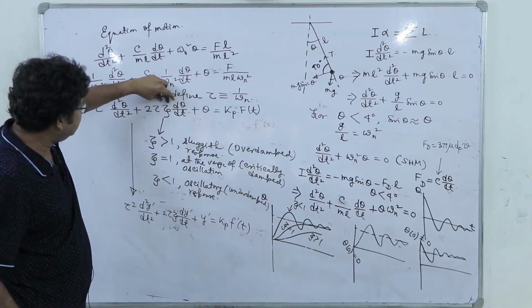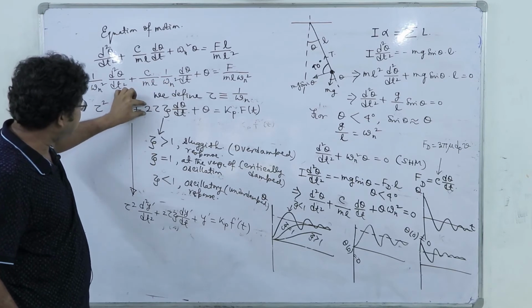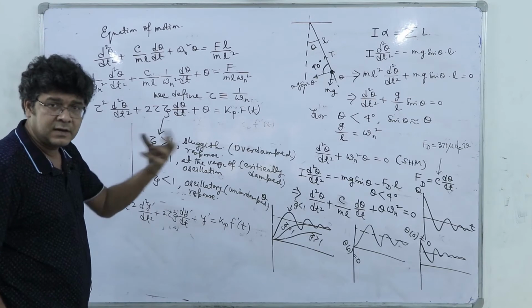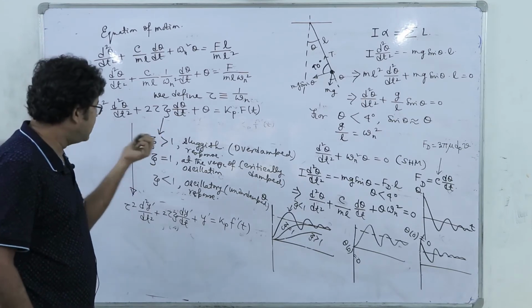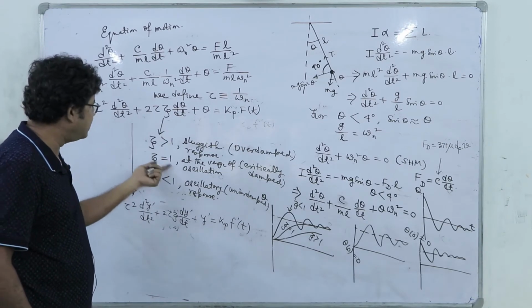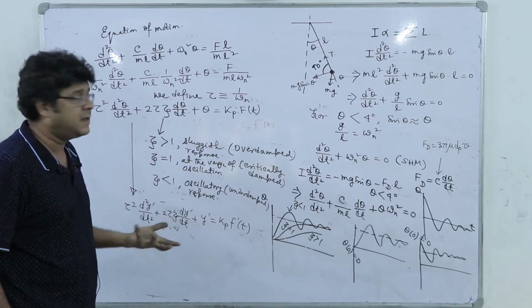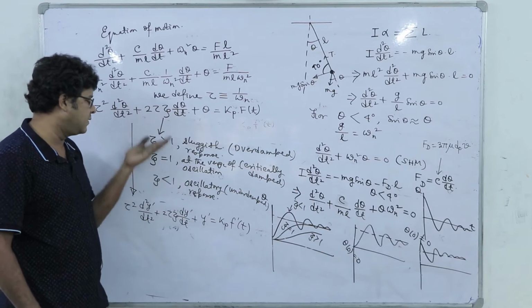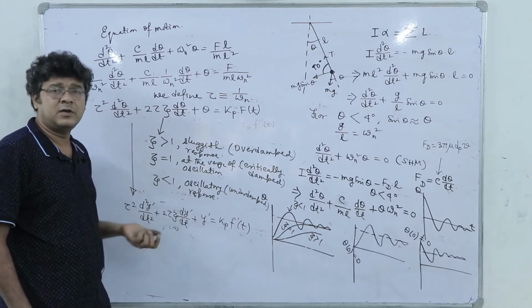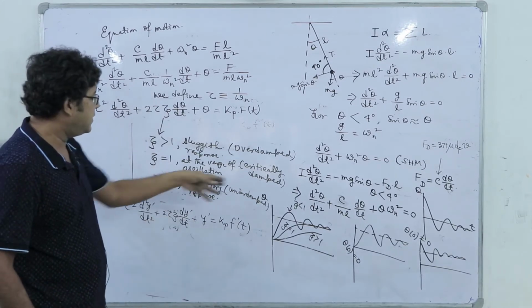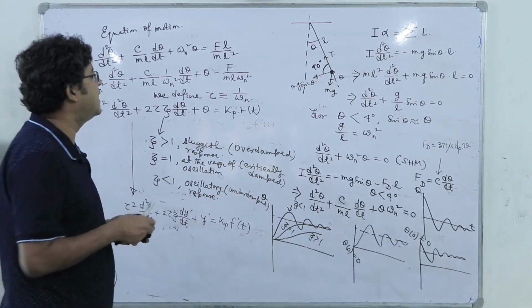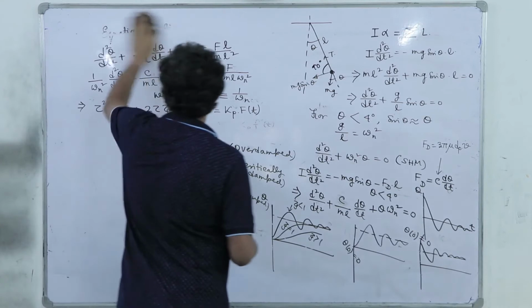Now, zeta has been normalized, that is the logic we introduced, such that its threshold value is equal to 1. If it is greater than 1, it will give an overdamped response. If it is less than 1, it will give an oscillatory response, that is an underdamped response. So, that is the logic behind studying the pendulum in relation to the second order system.